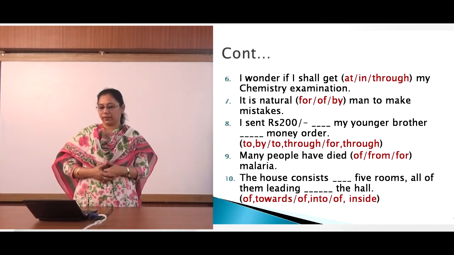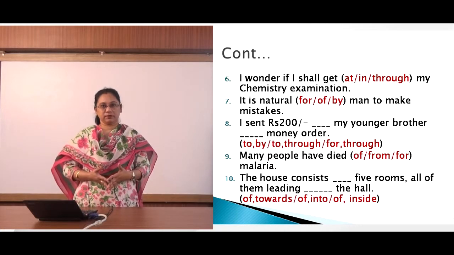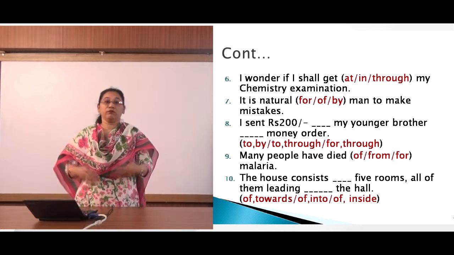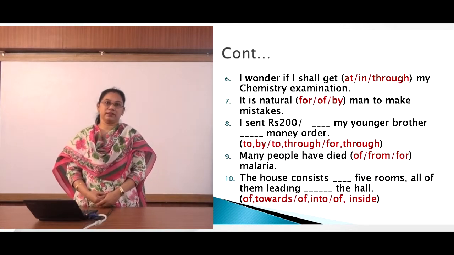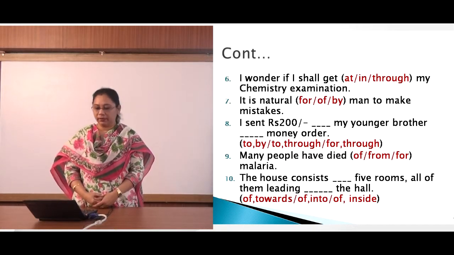All right. The ninth sentence, many people have died dash malaria. Many people have died of malaria or from malaria or for malaria. Which of these is right? The right answer would be many people have died of malaria.